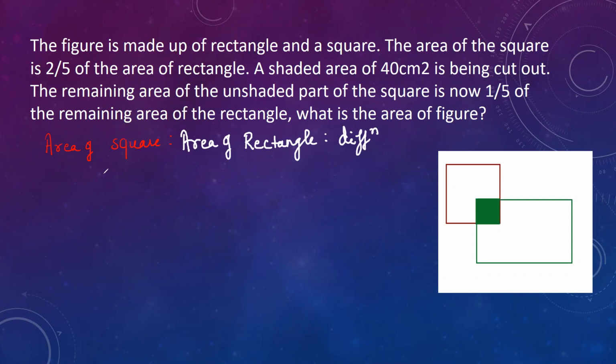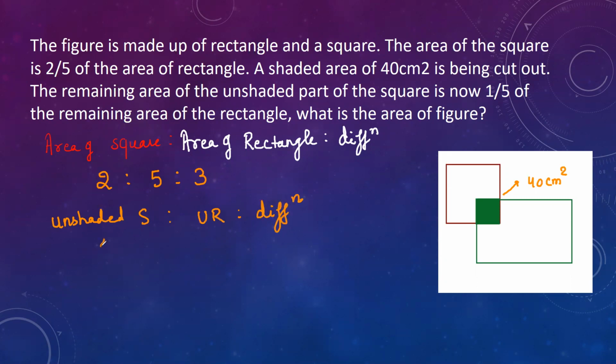Area of square is 2, rectangle is 5, and the difference is 3. Now a shaded area of 40 centimeter square is cut out. This part is 40 centimeter square. For the remaining unshaded part, the unshaded square to the unshaded rectangle is 1 to 5, and the difference is 4.